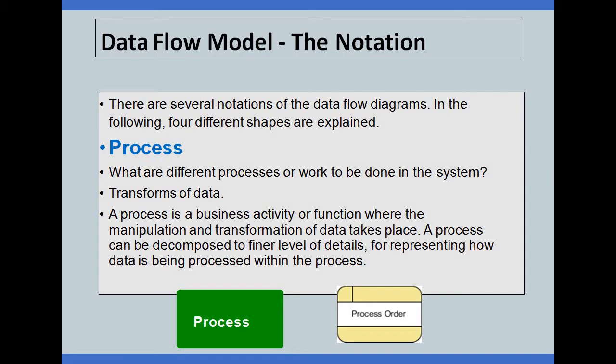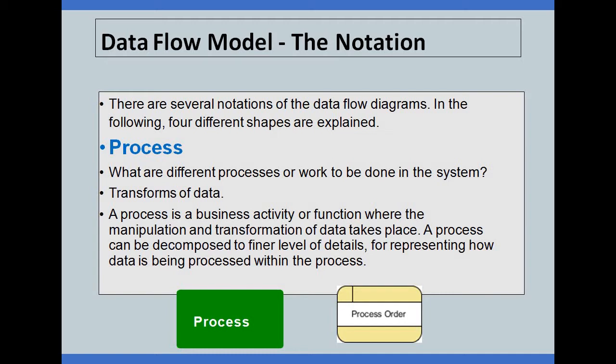In this, we follow some shapes, like first is process. Process means the different processes or work to be done in the system. It transforms the data. A process is a business activity or function where the manipulation and transformation of data takes place.